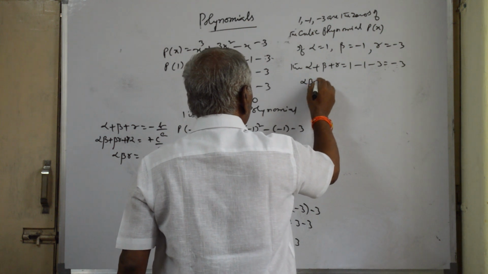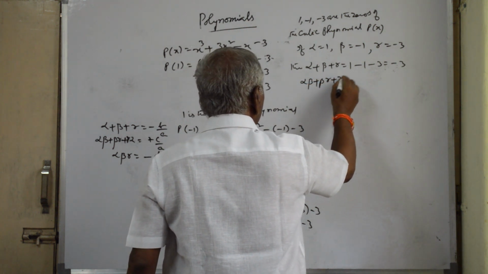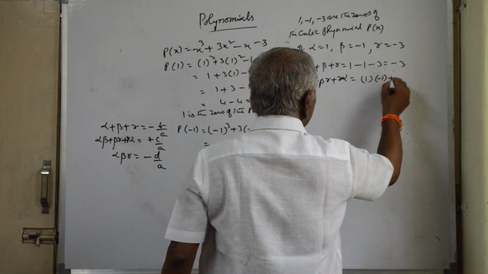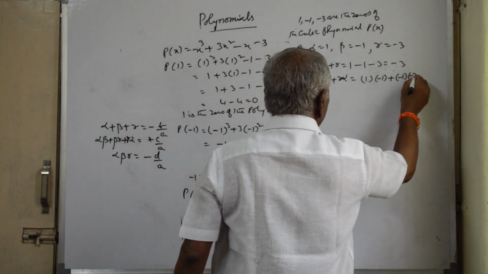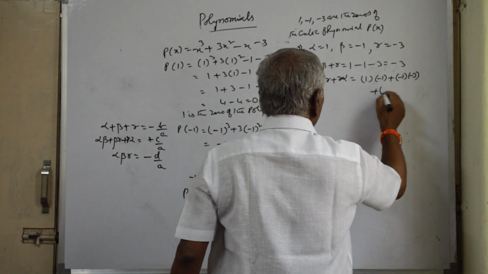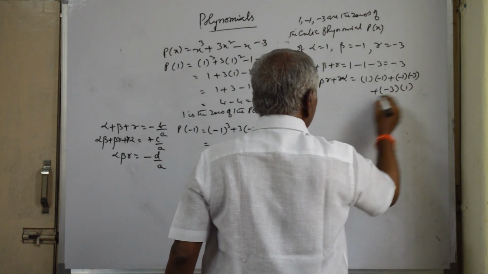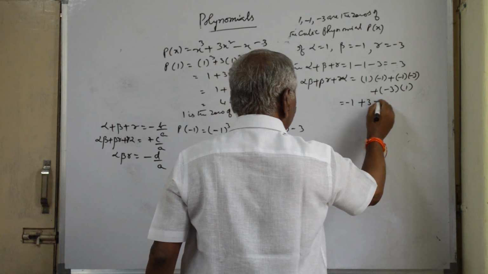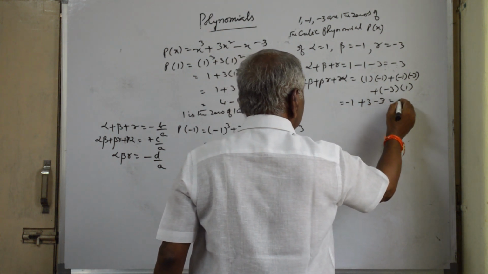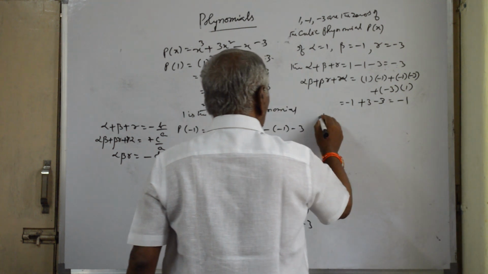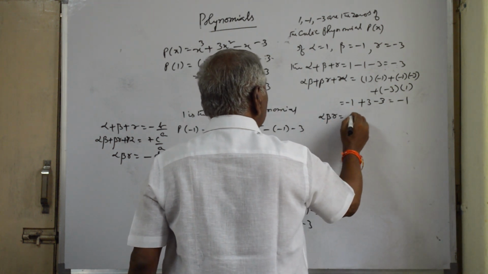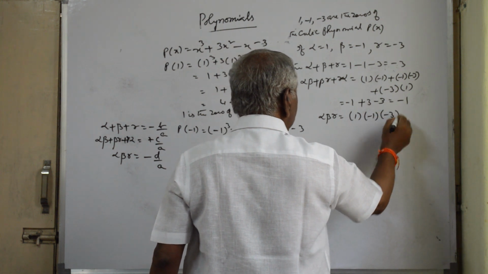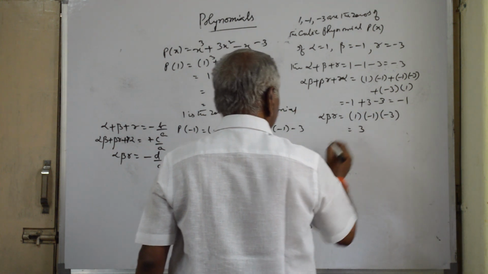Alpha beta plus beta gamma plus gamma alpha is equal to 1 into minus 1 plus minus 1 into minus 3 plus minus 3 into 1. You can say minus 1 plus 3 minus 3, it is minus 1. Alpha beta gamma is equal to 1 into minus 1 into minus 3, it is plus 3.